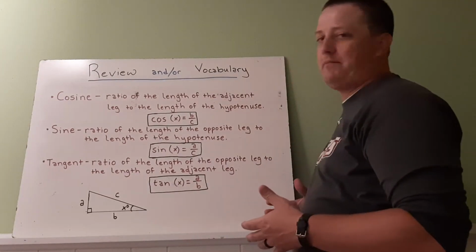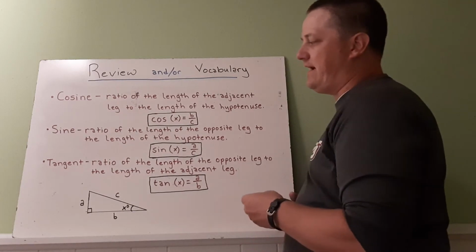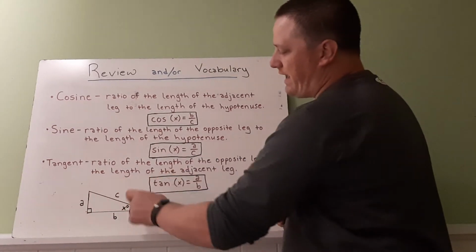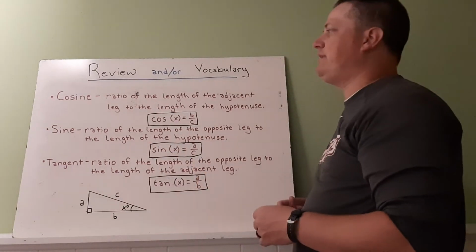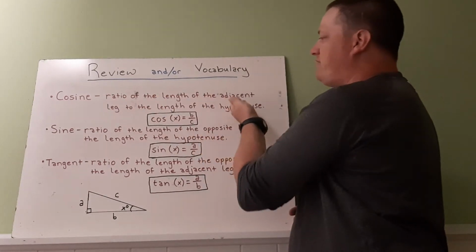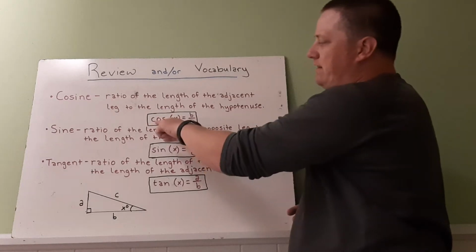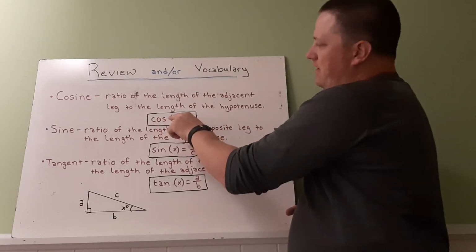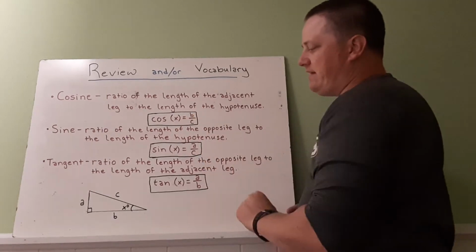So our vocabulary here is we have our three words, which are cosine, sine, and tangent. We have this triangle that I'm going to reference as I'm talking about how to use these. Cosine is the ratio of the length of the adjacent leg to the length of the hypotenuse, written in the form cos of x, this is the angle, equals b divided by c.